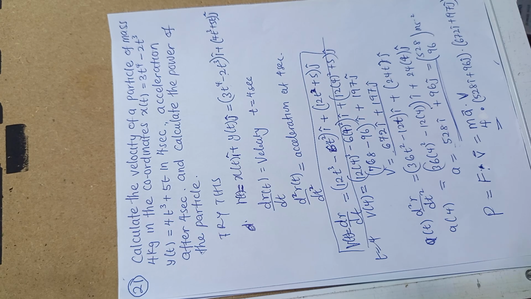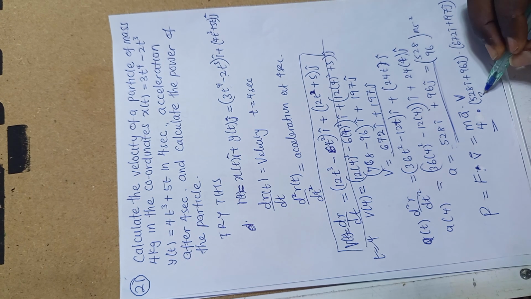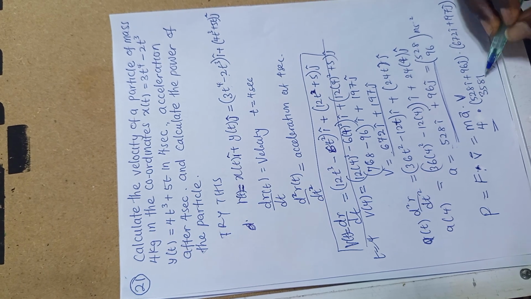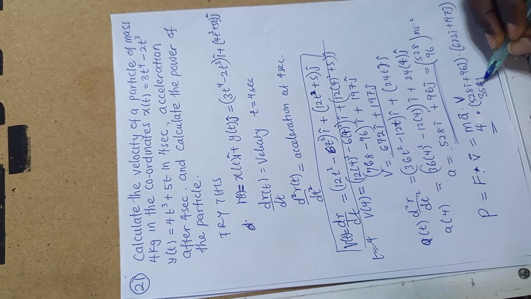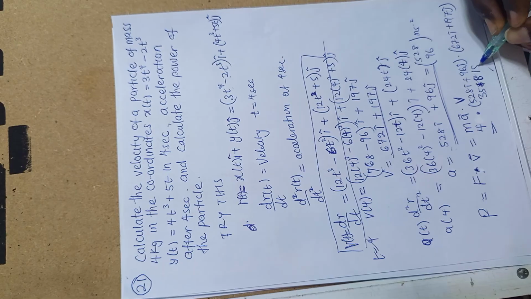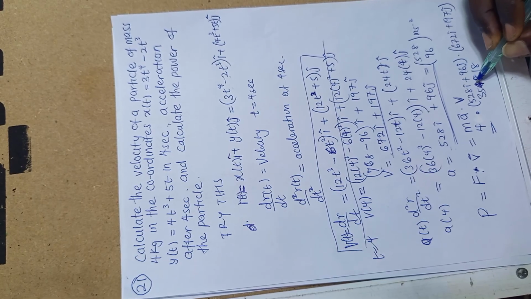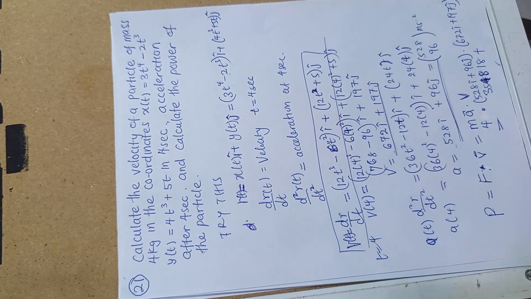So what we are going to do now is 528 times 672. This is velocity. So I'm going to have 354,818, plus 197 times 96.